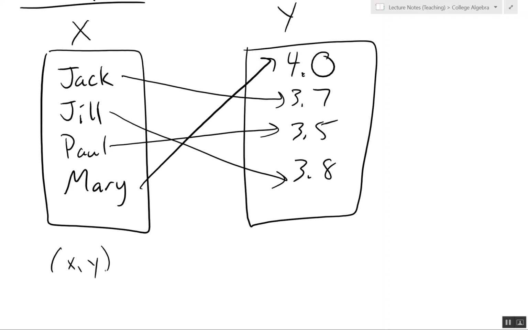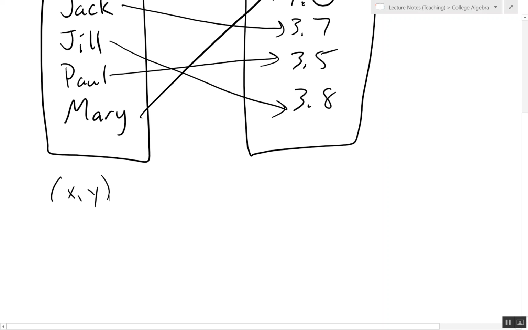If you pick Jill, you're going to get 3.8, whereas if you pick Paul, you're going to get 3.5. So the value of Y is completely dependent on the value of X. So X here is known as the independent variable. And then Y, since Y depends solely on X, is called the dependent variable.